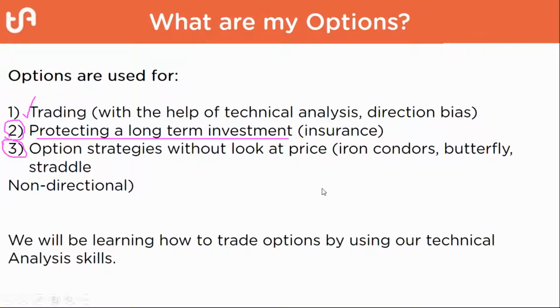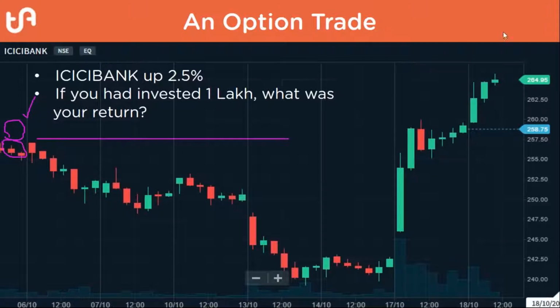So let's go ahead and talk about this. Now to start off with, let's start with a quick example. We'll try and understand the difference between trading cash market and trading options. So here, let's say you have a lakh to invest and, for some reason, you are bullish on this particular stock and this is the price at which you decide to buy, at 258.